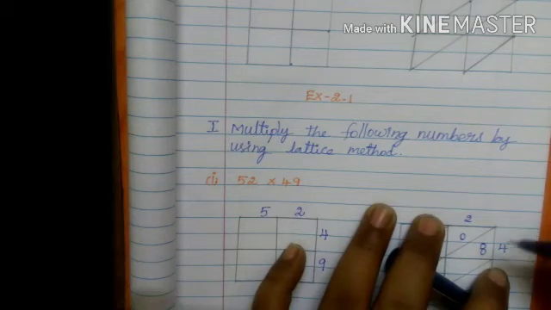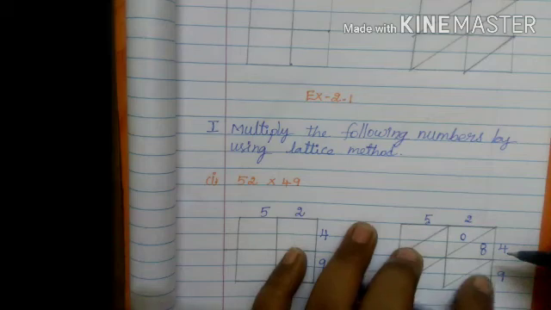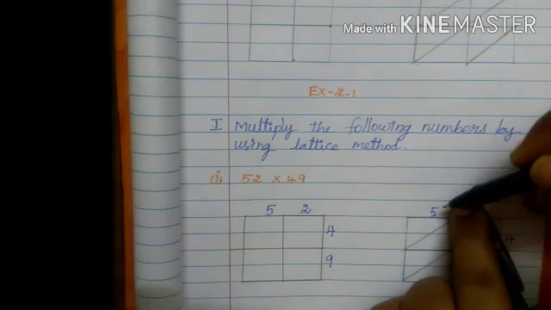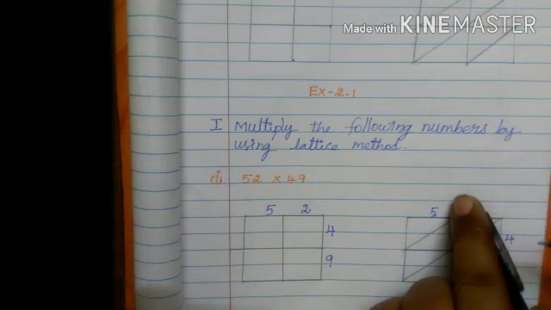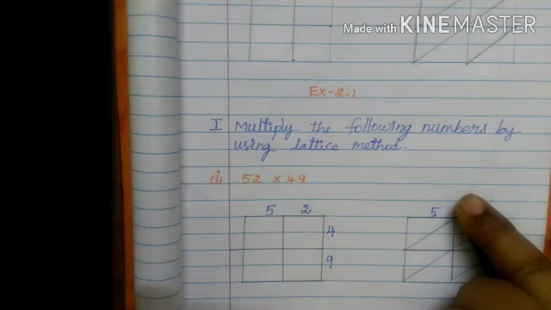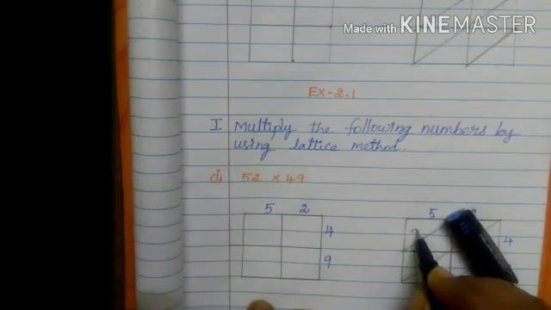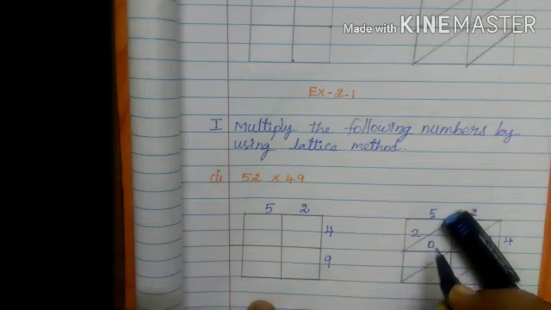Only single number, so write this 0. Here 8. Then next one, 4 5 or 5 4. 4 5s or 5 4s are 20. So you take it out and write for this box 2 0, 20.